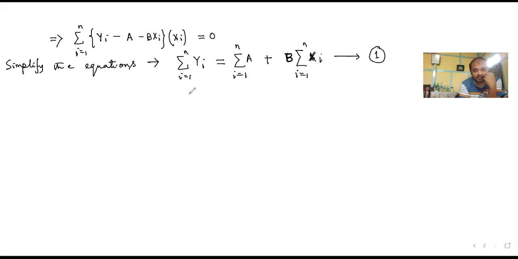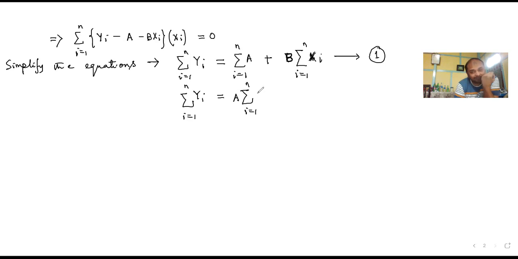From the second partial derivative, we get summation i goes from 1 to n of yi equal to summation i goes from 1 to n of A, where A is a constant quantity independent of i. We want to find A, but A is independent of i.